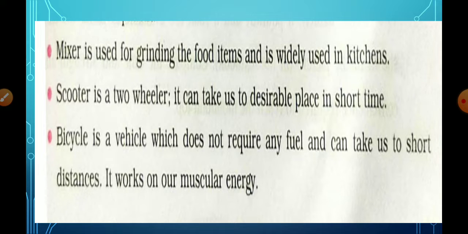A mixer is used for grinding food items and is widely used in kitchens. Scooter is a two-wheeler. It can take us to a desired place in a short time. A bicycle is a vehicle which does not require any fuel and can take us short distances. It works on our muscular energy.